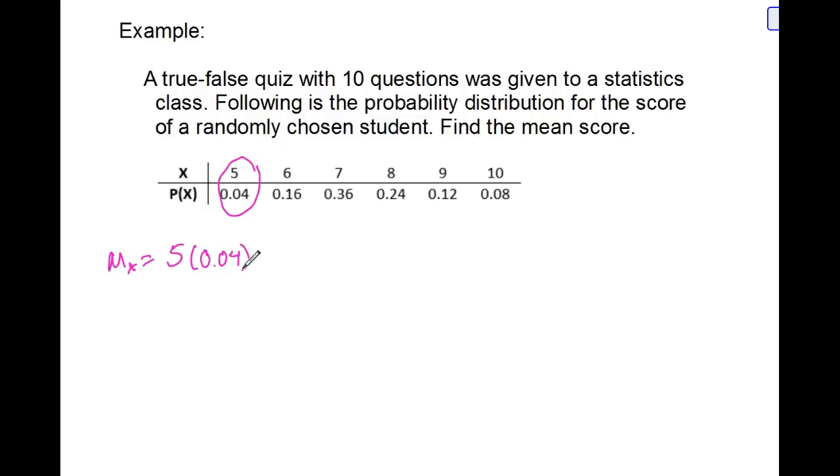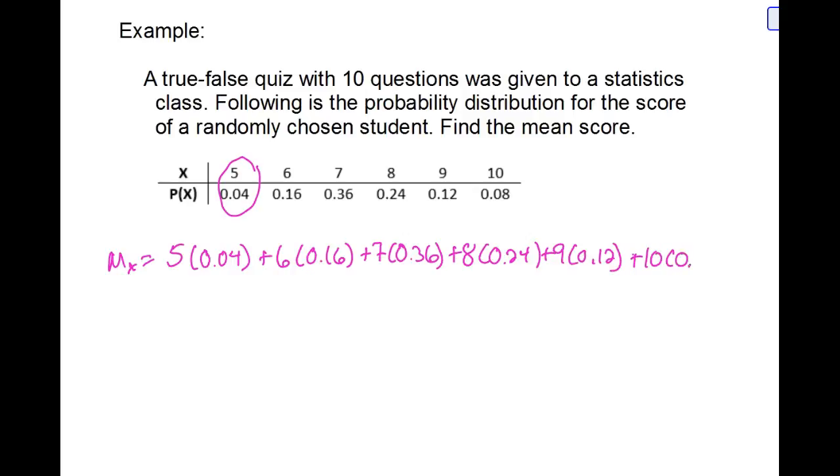So I'm going to take 5 times 0.04 and add it to 6 times 0.16 plus 7 times 0.36 plus 8 times 0.24 plus 9 times 0.12 plus 10 times 0.08.